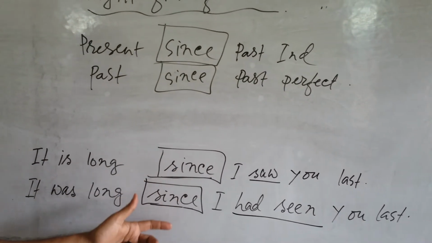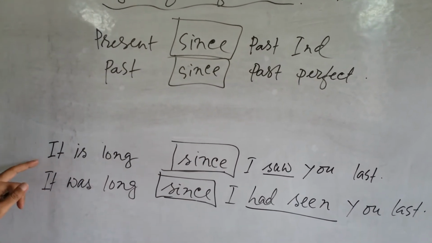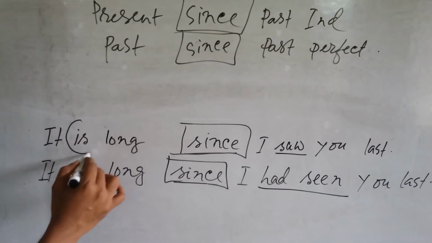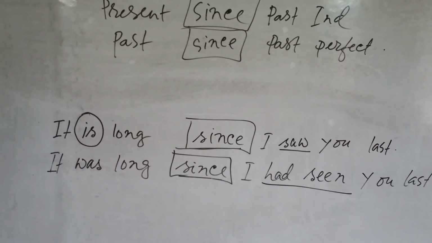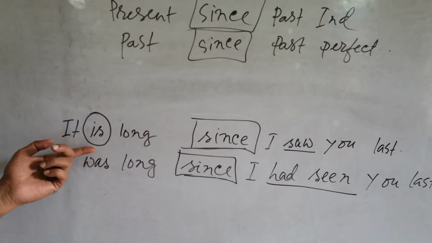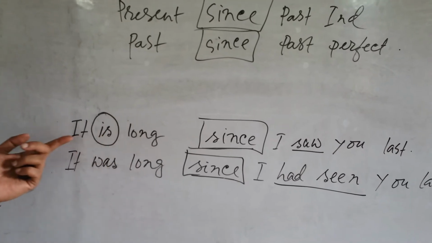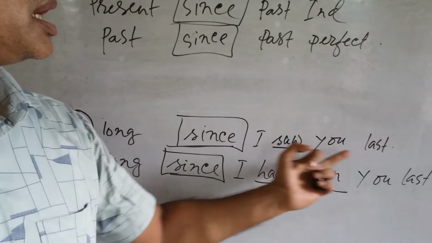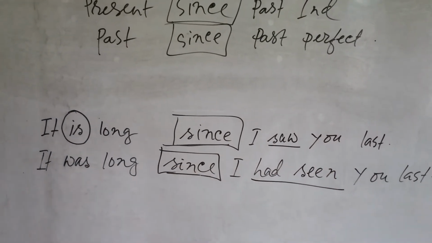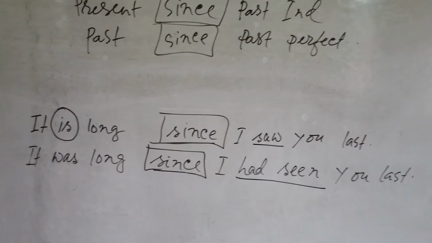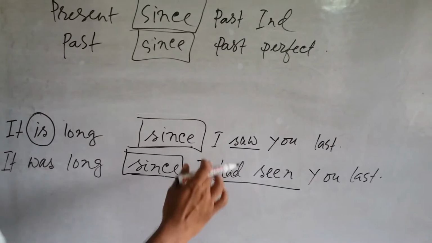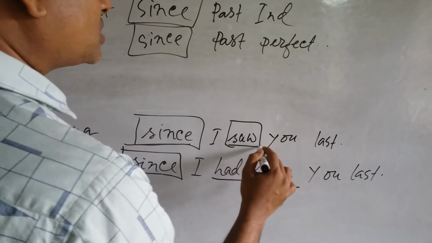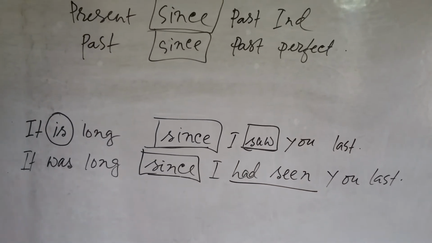Here is an example. It is long since I saw you last. "Is" refers that it is a present tense. That's why we have to write the next clause, the next part of the sentence, in the past indefinite tense, and it will be I saw you last. Saw is the past form of the verb see.